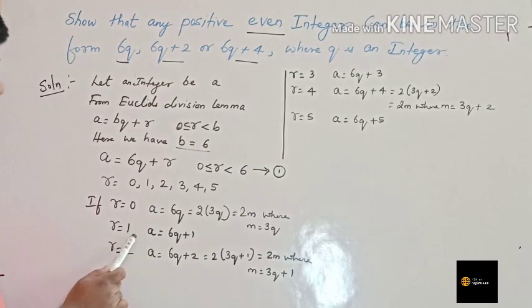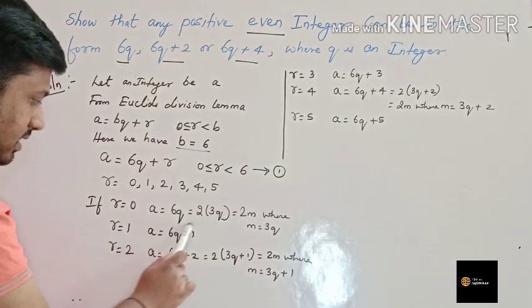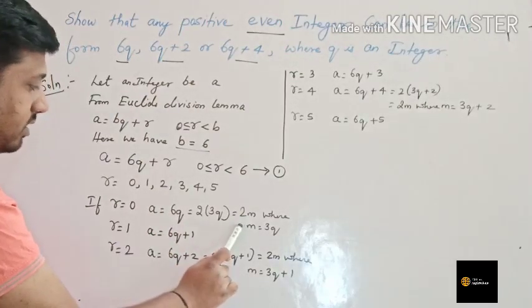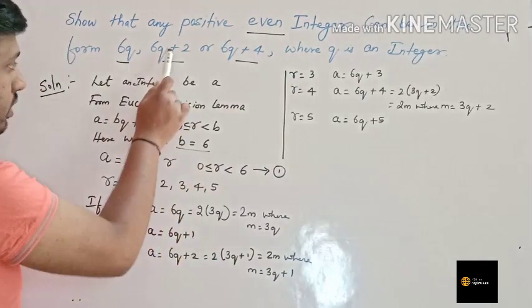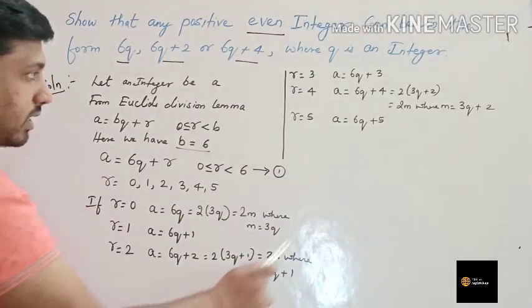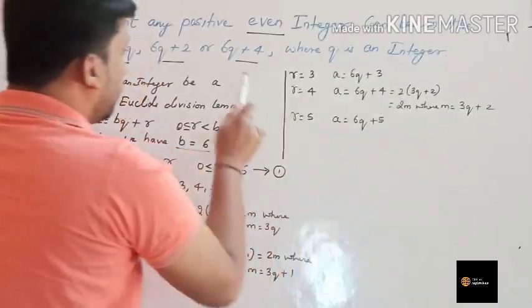If you observe, 6q is in the form of an even number, right? 6q plus 2 is in the form of an even number. 6q plus 4 is in the form of an even number.